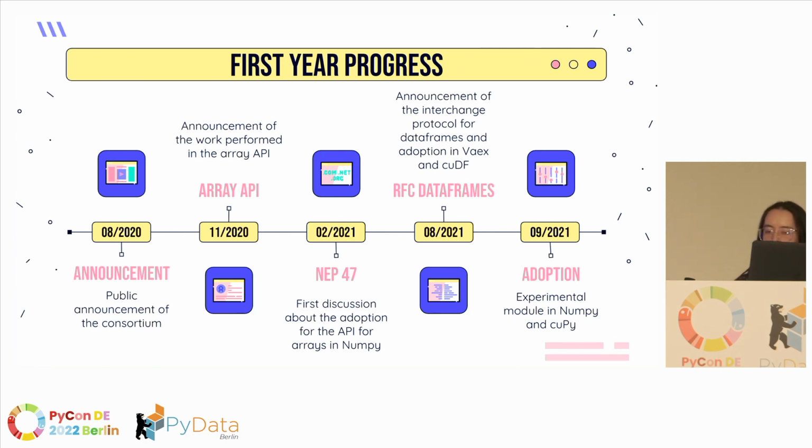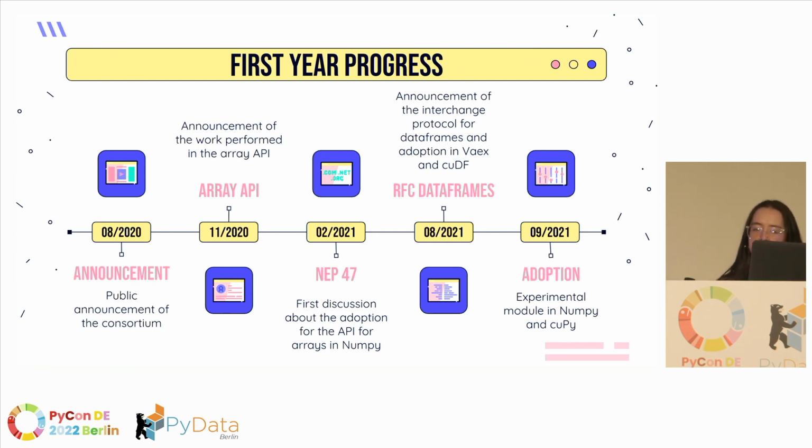Then in August of 2021, we had the request for comments for the data frames. I'm going to speak a little bit more in detail about this in a minute, but it was the announcement of the interchange protocol for data frames, and also the adoption in Vaex and cuDF of the array side of things.